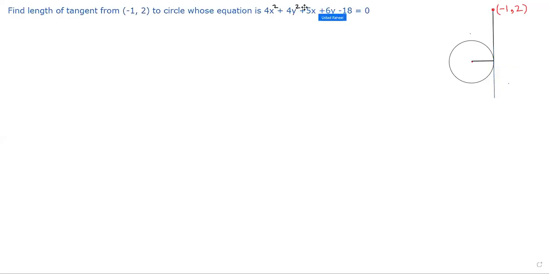As you can see over here, the equation of the circle is 4x square plus 4y square plus 5x plus 6y minus 18 equals 0.